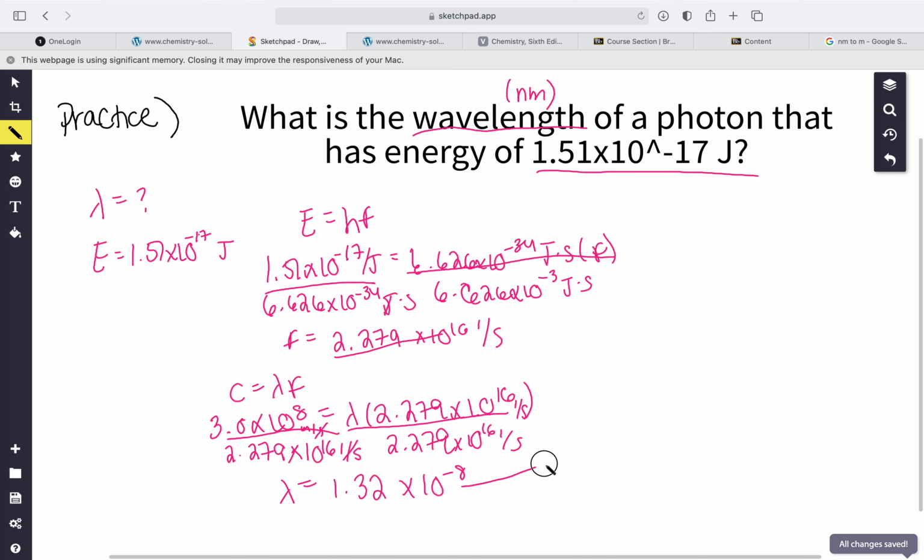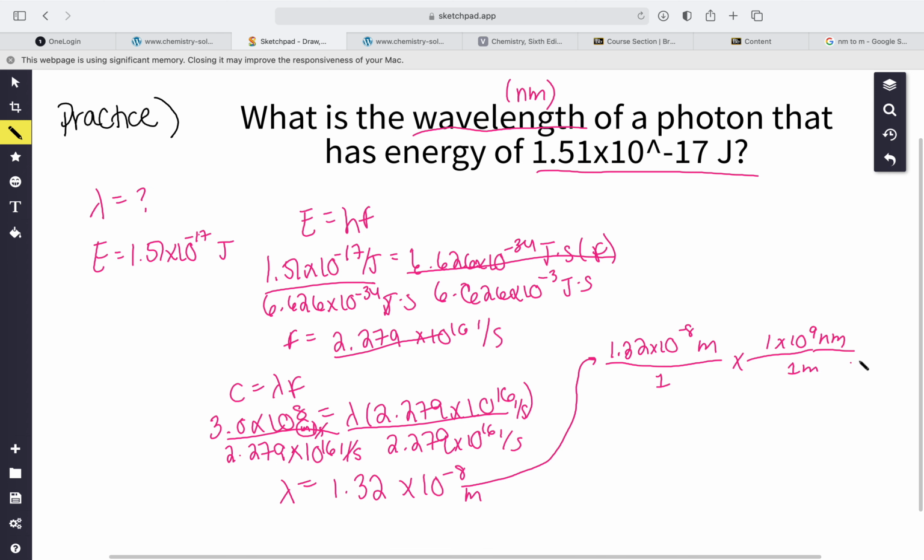And now I'm going to convert this over here. 1.32 times 10 to the negative 8th. This is meters, because this is the unit that we have, times 1 times 10 to the 9th nanometers in 1 meter.